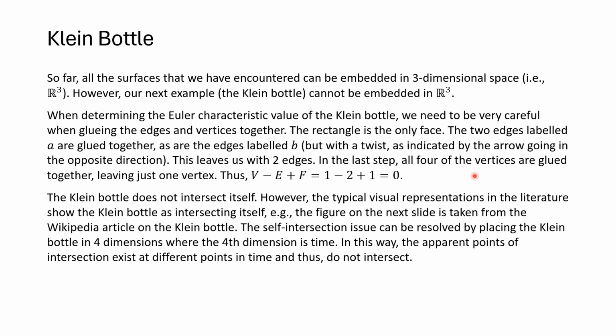They're just kind of a shortcut representation, and I'll explain that a little bit more as we proceed. So the self-intersection can be resolved by placing the Klein bottle in 4 dimensions, where the 4th dimension is time. In this way, the apparent points of intersection exist at different points in time and thus do not intersect.